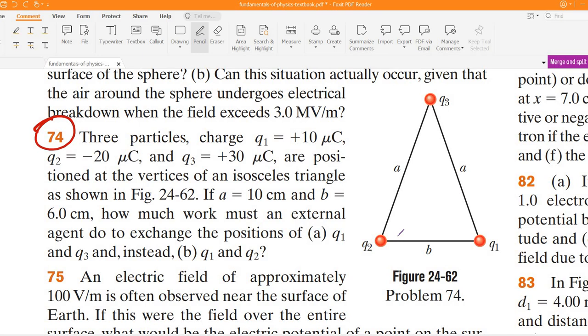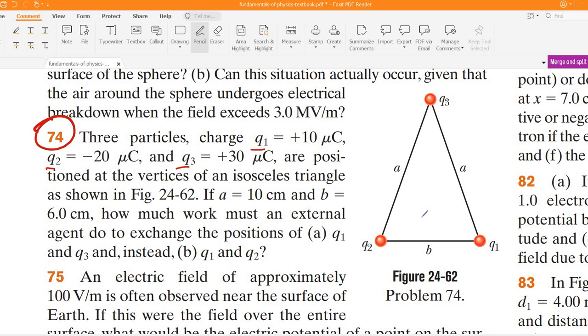Q1 is plus 10, Q2 is minus 20, Q3 is plus 30 in terms of microcoulomb. So all of them are different, positioned at the vertices of an isosceles triangle. And A is given to be 10, B is given to be 6. So all the Q's are given, A and B are given.